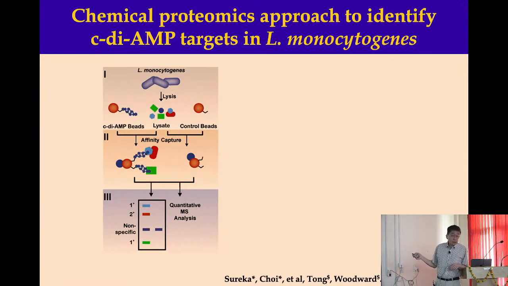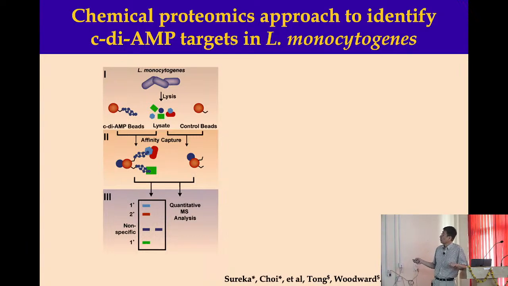So on this slide, I guess you don't have it, I forgot to put it in, my apologies. But the idea is to explain how he found the target, using a chemical proteomics approach to identify targets of cyclic di-AMP in this microorganism.